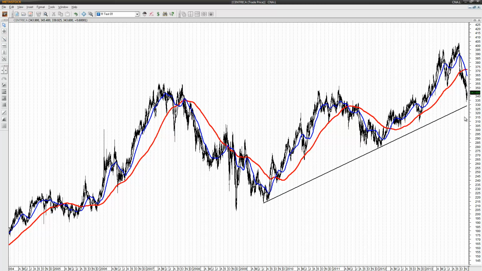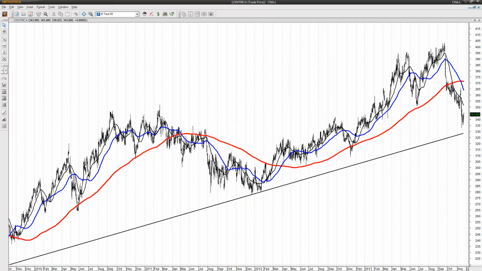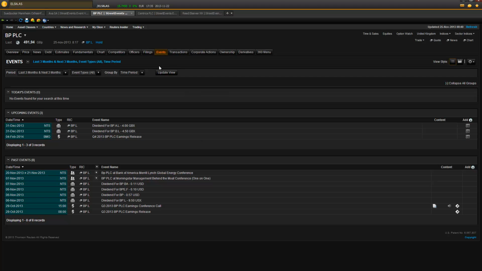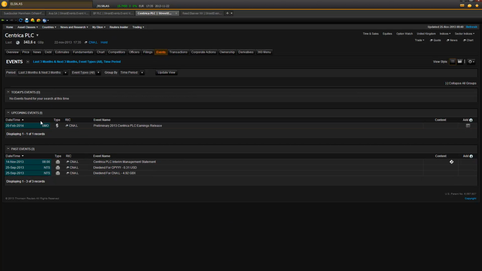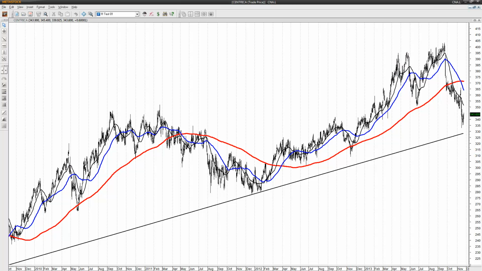And when I calculated this before the video, I came up with a level of 329 as my support level from the trend line. I put in a buy limit order and checked for earnings for Centrica. No earnings in the near future.